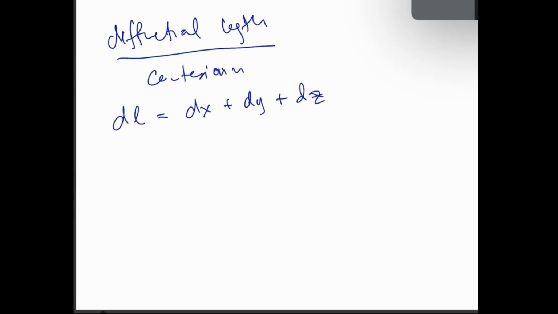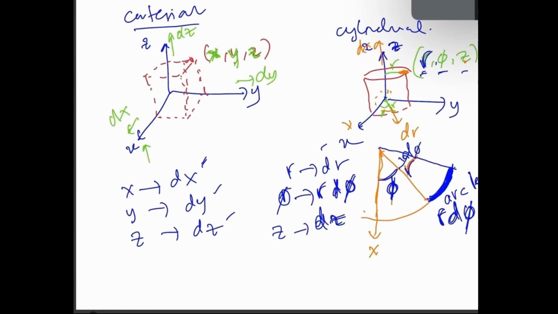For x, the vector is x hat, y hat, the direction of this one is the direction of the vector. Vector x, y, and z.